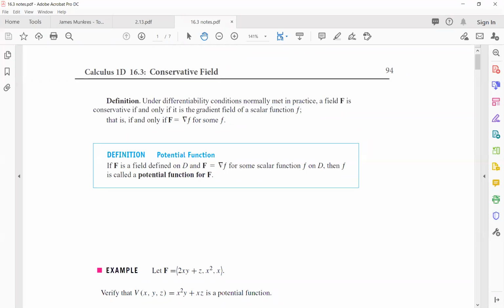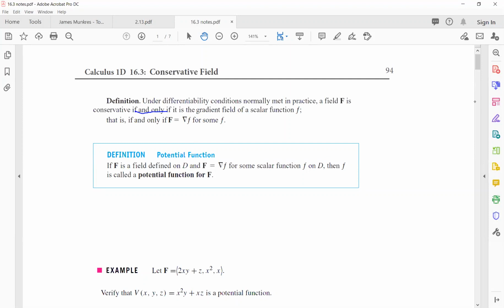A vector field like F is called conservative if and only if it is the gradient field of a scalar function like f.